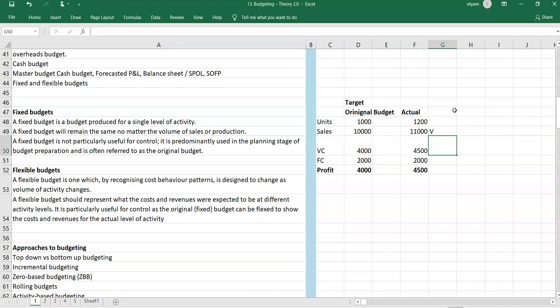Variable cost is by nature variable, and this is fixed. So how can you compare different cost and income behaviors in a particular way? We have to compare them with something called a flexible budget.